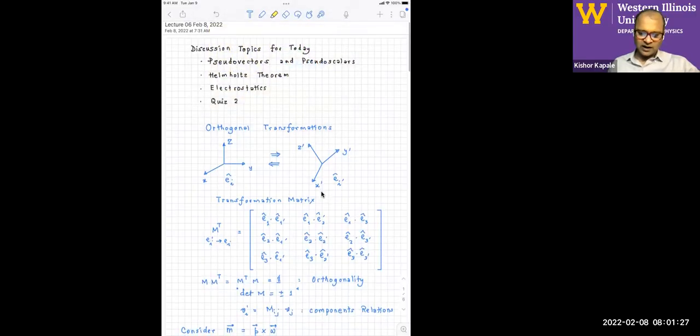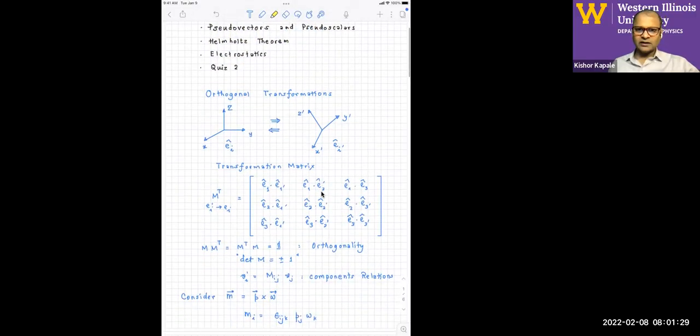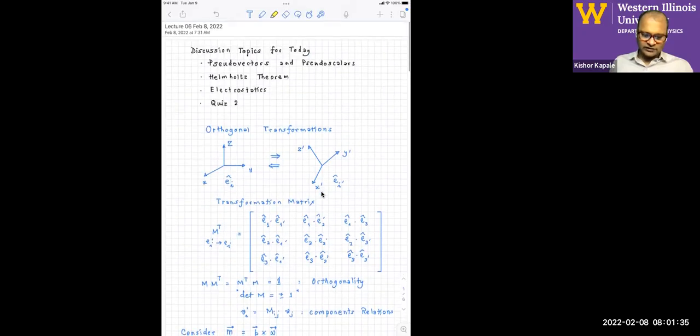And some of you who have done the math physics class with me are already familiar with the first set of topics, which is the pseudo vectors and pseudo scalars. We will take a look at it in more mathematical detail this time, so that even if you have seen it before, you will get something new.